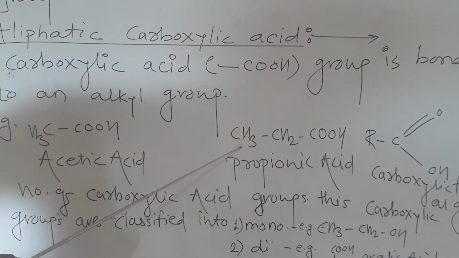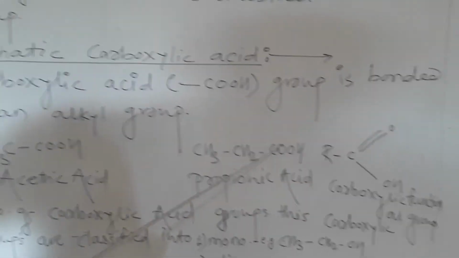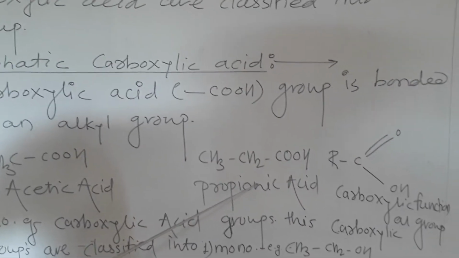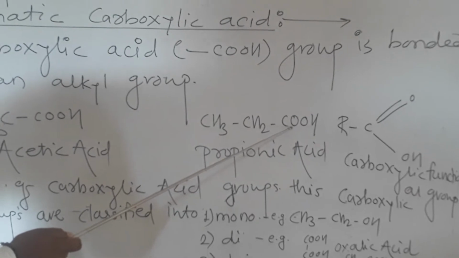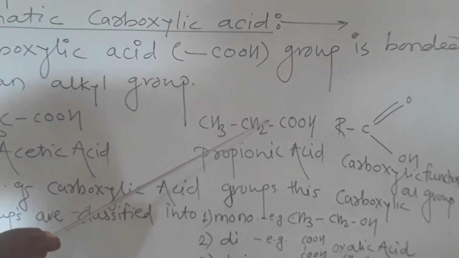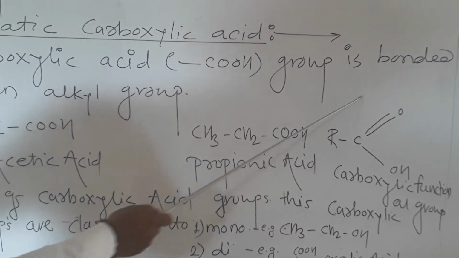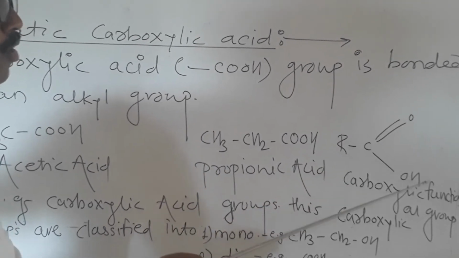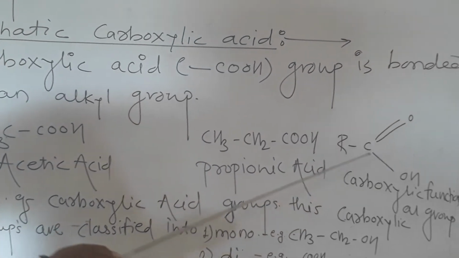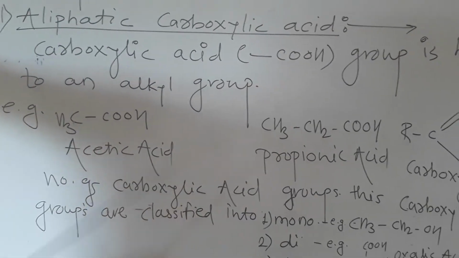The next example is propionic acid, CH3CH2COOH. The COOH group is always present at the end of the carbon chain, and the general functional group of the aliphatic carboxylic acid is RCOOH. This is the carboxylic acid.